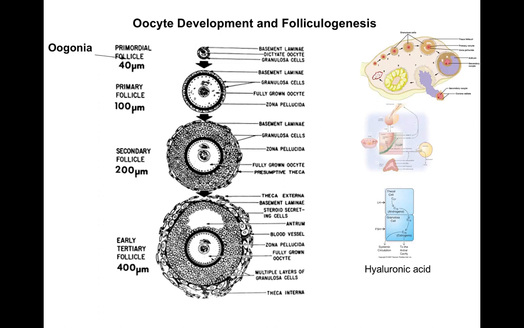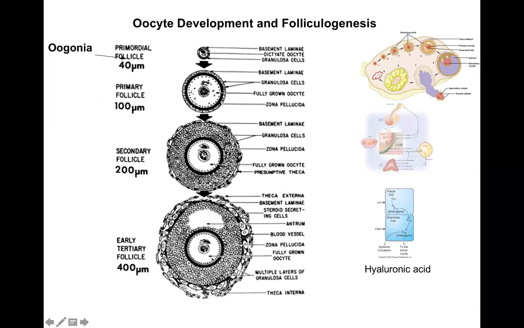So FSH is acting on the granulosa cells in order to produce estrogen, and that in turn helps in folliculogenesis and the production of FSH and LH through the feedback mechanism.